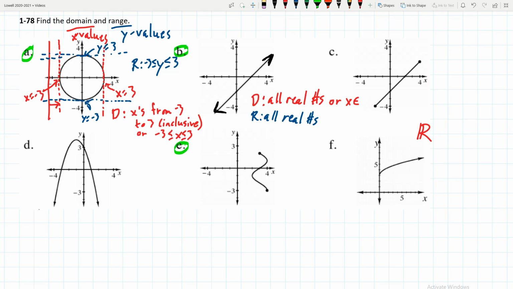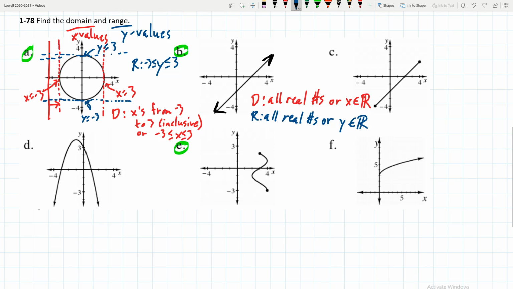Let me write that a little better. This would be a fancy way of saying it if you want to be fancy. And likewise for the range, y can be the same, but I'll take either one of these. Either one of these is totally fine.